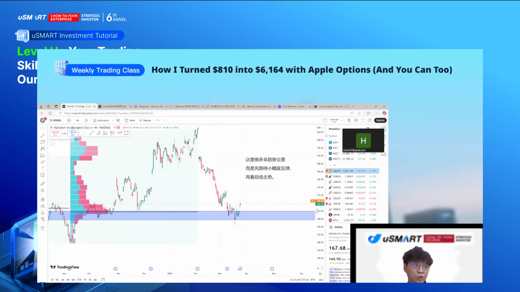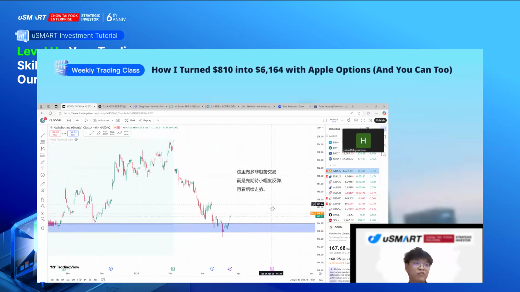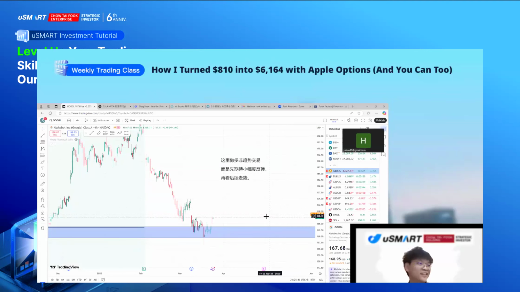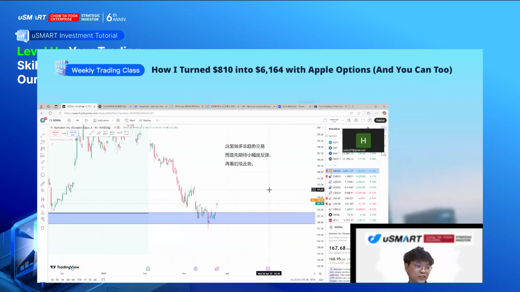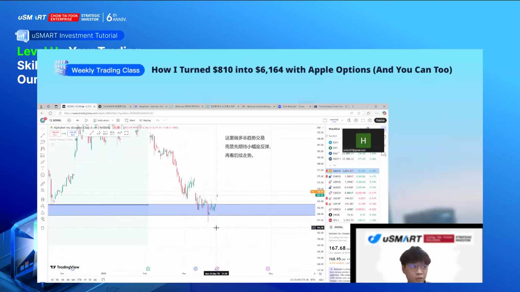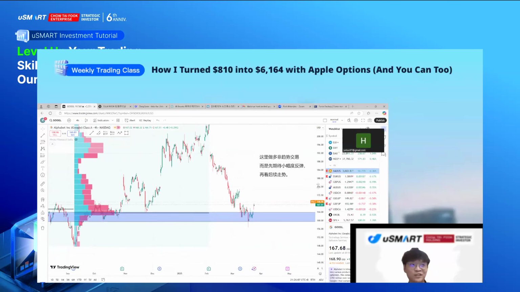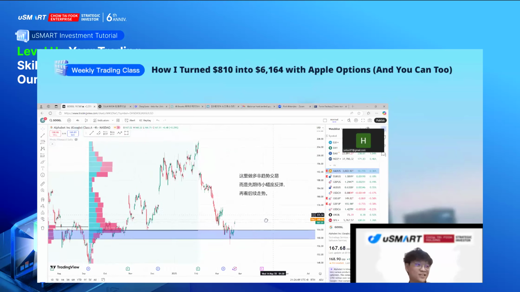Then I lose with the majority of them, which I'm feeling very comfortable with because I'm not the only one losing. So this is a little bit of the psychology of how to make yourself feel better, I would say. So my exit criteria will be either it breaks and closes below, or it just goes up and then I make a profit. Then it's still a very good thing to do.